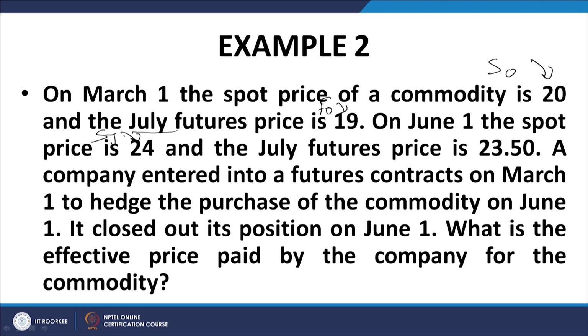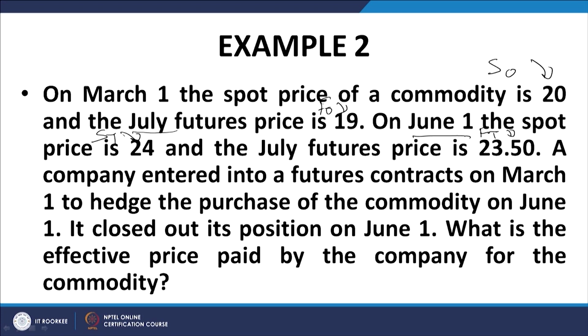Now, this example also makes it clear. The futures are going to mature in July, but you are lifting the hedge on June the 1st. So, you are lifting the hedge before the futures are going to be actually ready for delivery. So, as on that date, the futures price works out to 23.50.